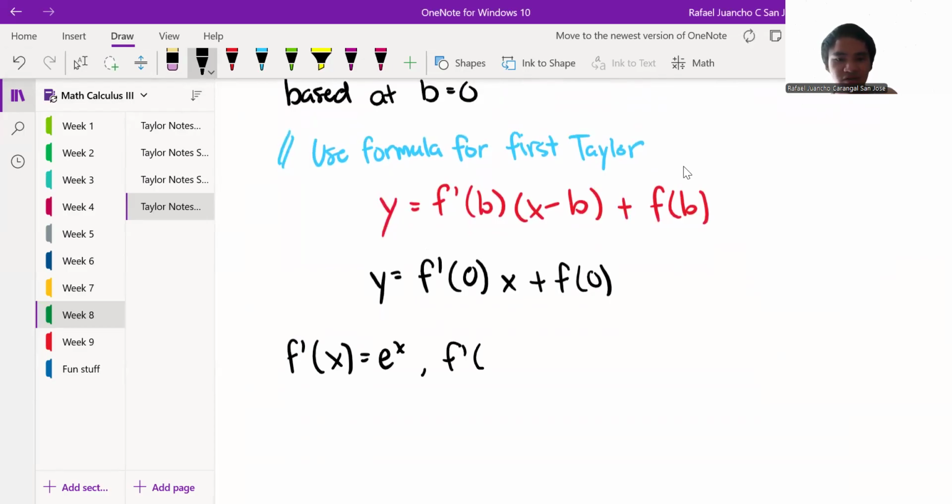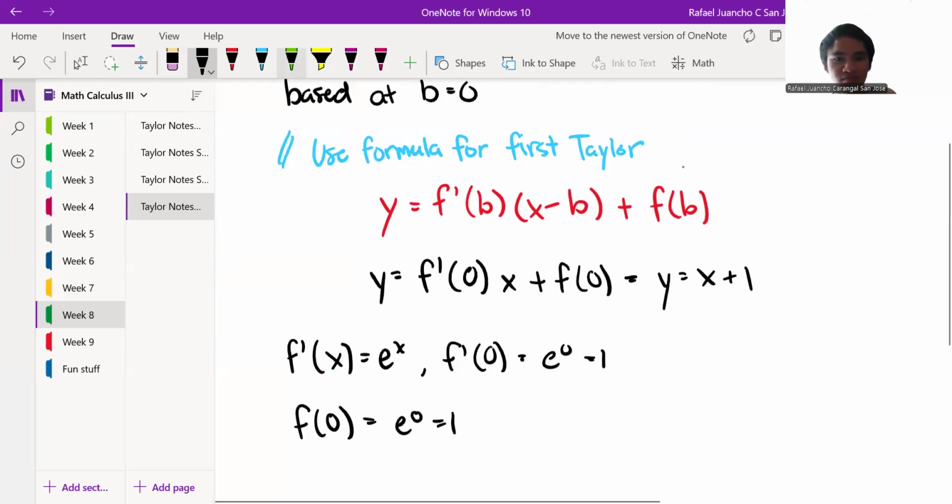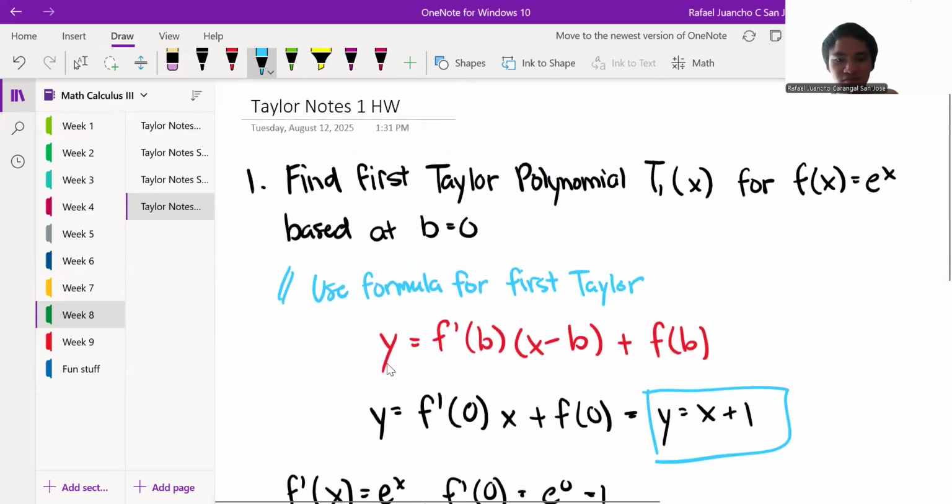So f prime of 0 is just e to the 0, which is 1. And my f of 0 is e to the 0, which is also 1. And so this is just y equals x plus 1. So that's the formula, x plus 1.